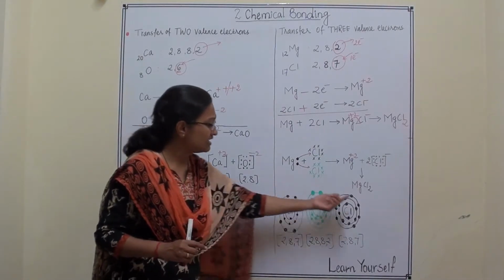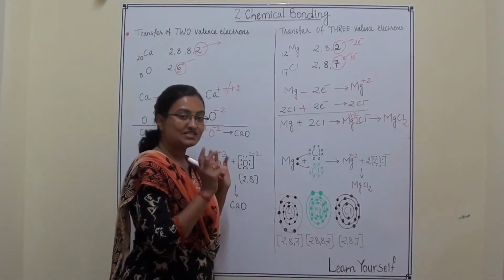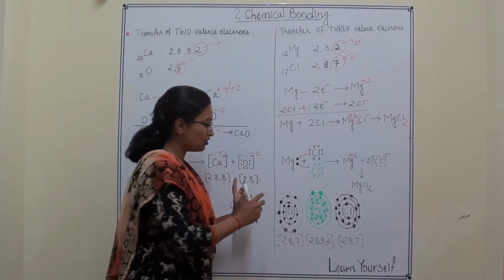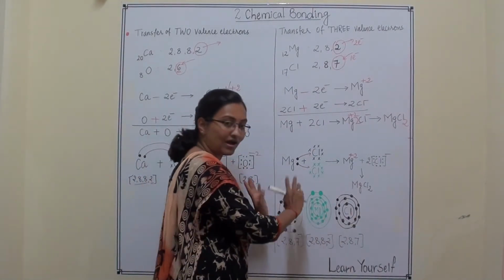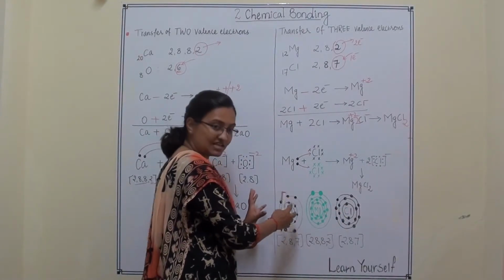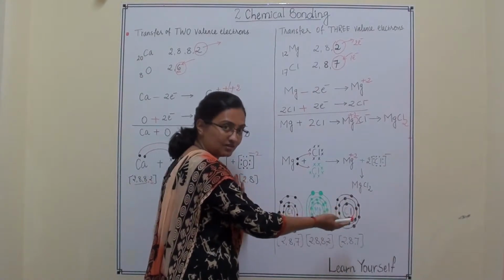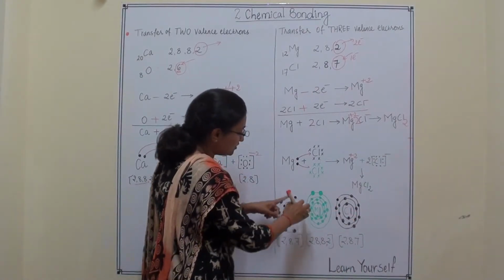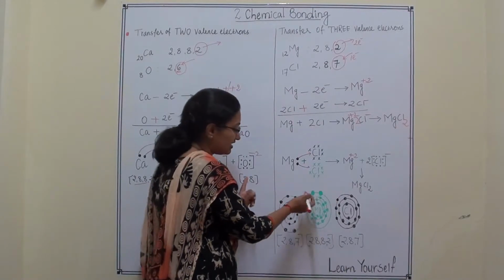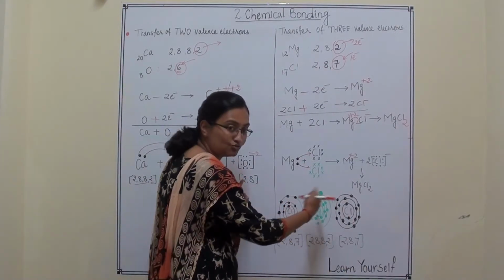Now we will see the orbital structural diagram. Where you are placing the Cl, please make sure that you place Cl on either side of Mg. One Cl will be on one side and the other Cl on the other side. So it will be easy to show how magnesium is donating these 2 electrons to 2 different Cl.